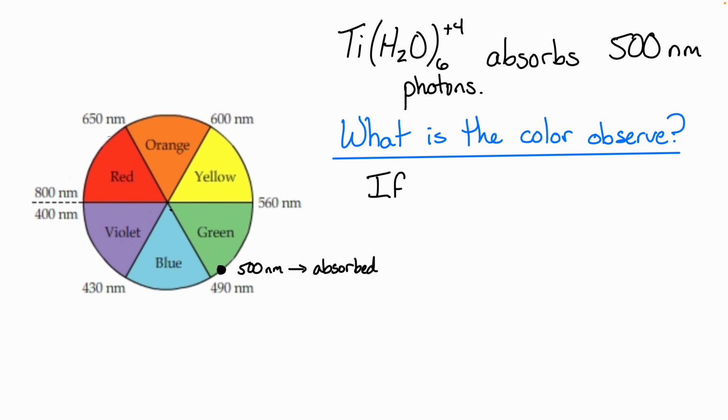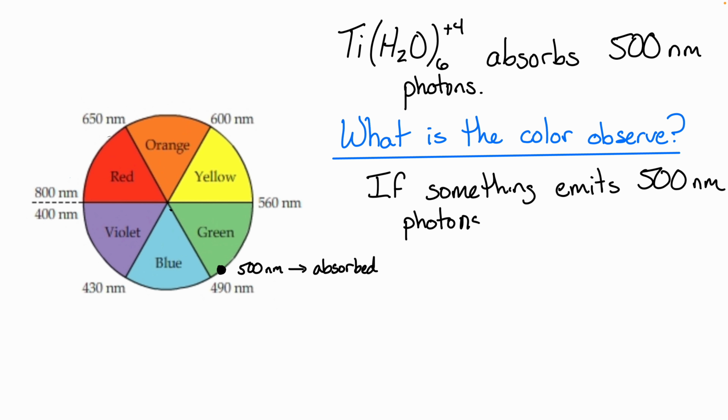So if something emits 500 nanometer light, then we would observe green. Kind of greenish blue, but since this wheel's cut up into these blocks, we'll be really definitive about it.